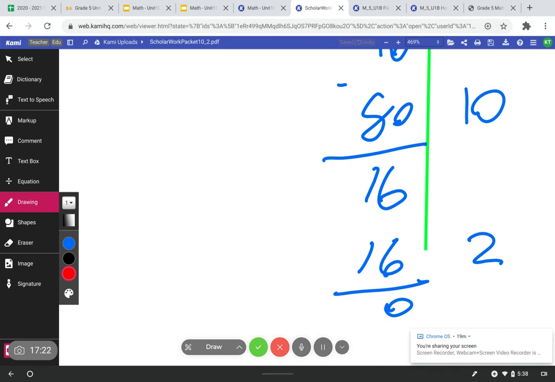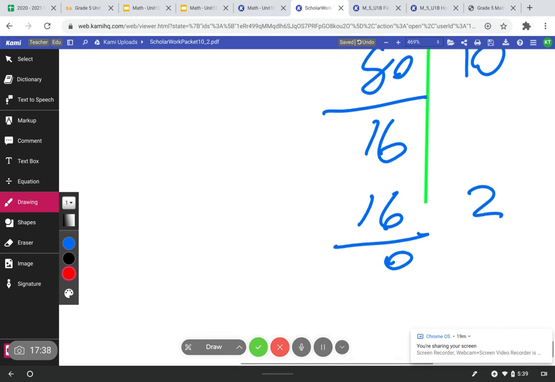How many times does 8 go into 16? Well, 2 times 8 is 16. If I had 2 groups and each group had 8, that would be 16.